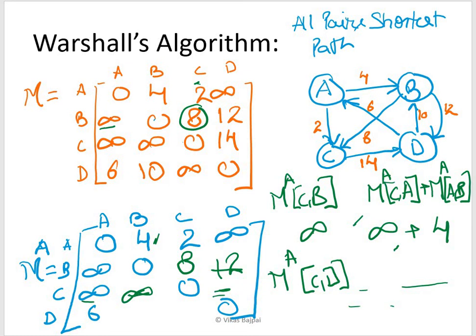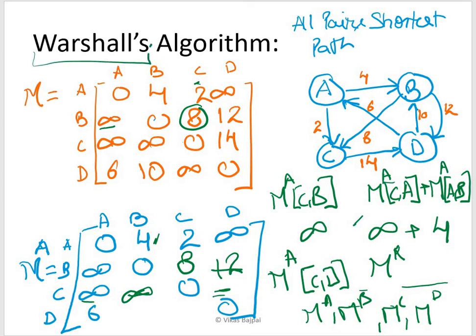And at the end, after finding all these, M of A, M of B, M of C and M of D, you'll be finding something called M of K. That would be with the help of finding the minimum values, and that would result in your final one. So this is all about the all pairs shortest path algorithm. See you soon.